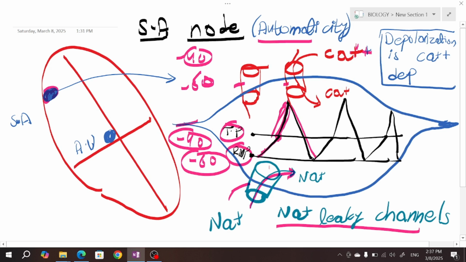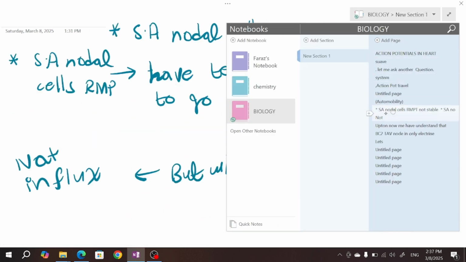One of the main points I want to tell you is related to depolarization: in the case of the SA node, depolarization is calcium dependent, not sodium dependent. Remember it.